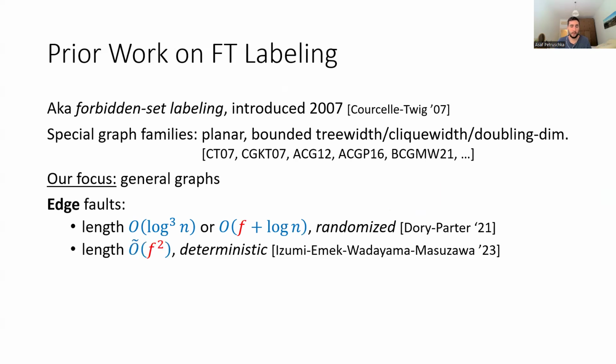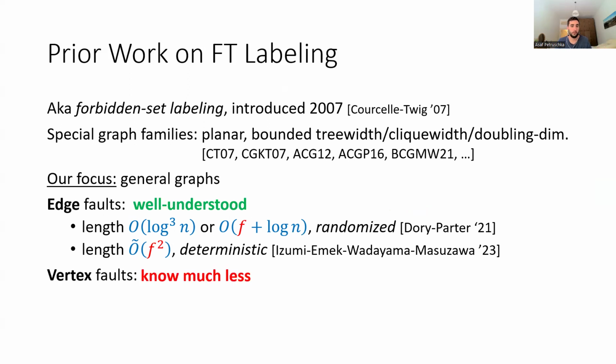And in a subsequent work from 2023, Izumi et al. gave a deterministic construction by de-randomizing the approach of Dory and Parter with the cost of slightly larger labels. And here and throughout the talk, the O tilde notation hides polylog n factors. So by now, the labeling problem of connectivity under edge faults is relatively well understood, but in contrast, when it comes to the vertex failures case, we know much less.